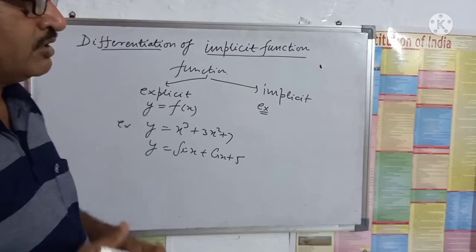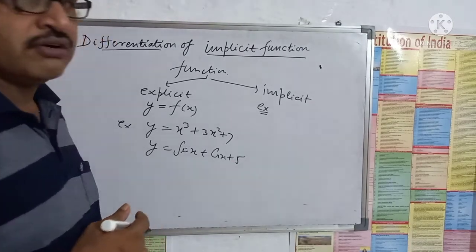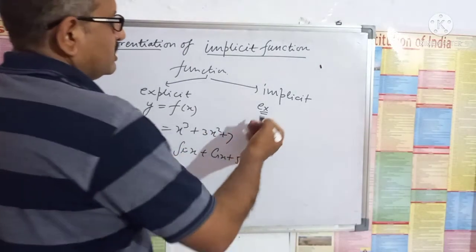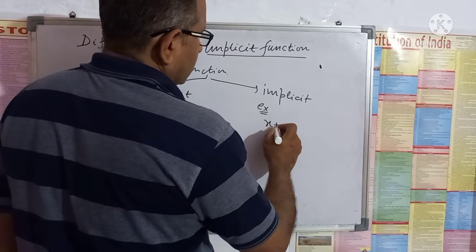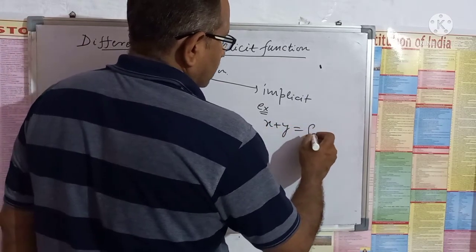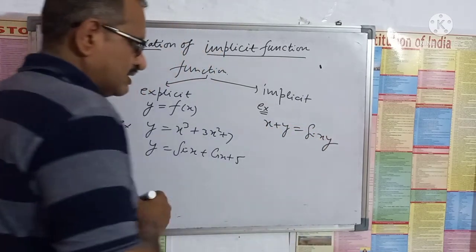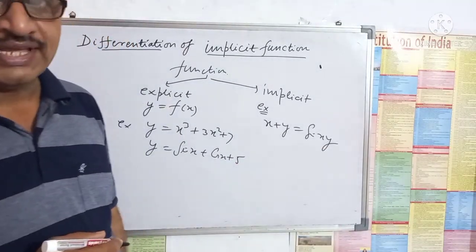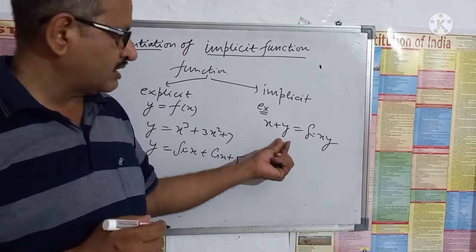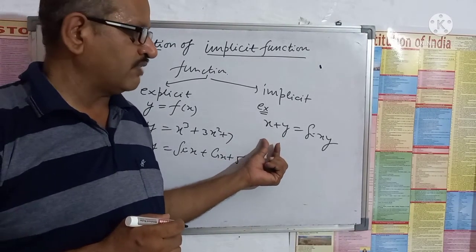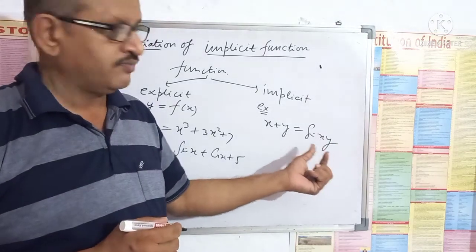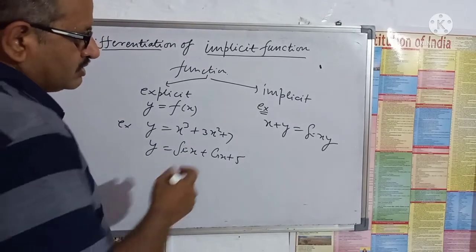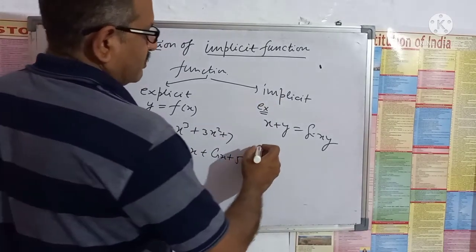See example, suppose it is written x plus y is equal to sin xy. So we cannot express y in terms of x. So this type of function is called implicit function.